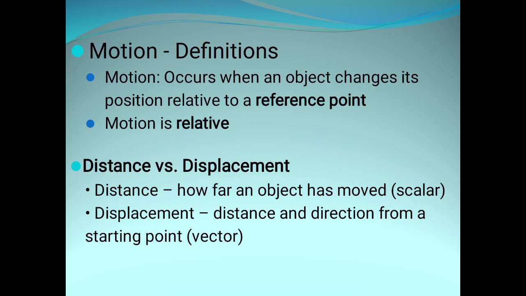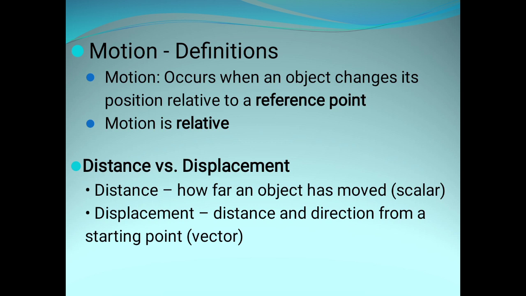For example, a car: the car's starting point is from our home, and it is called a reference point, and we can see the motion, as it changes its position relative to our starting point.